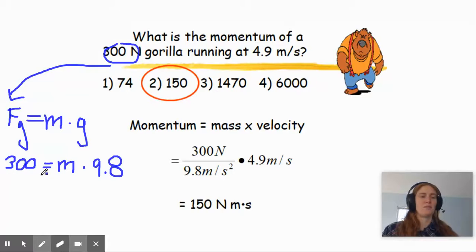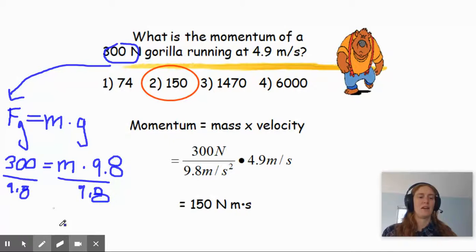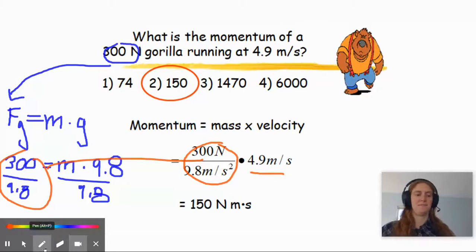So you'll end up with 300 is equal to mass times 9.8. So you divide both sides by 9.8. And then this part here is what is getting plugged in right here. Then you multiply that times your velocity and you get 150.